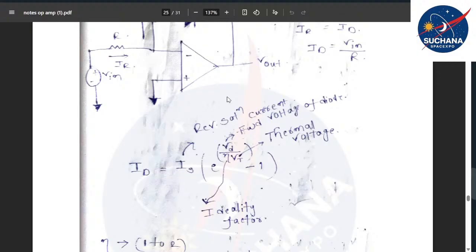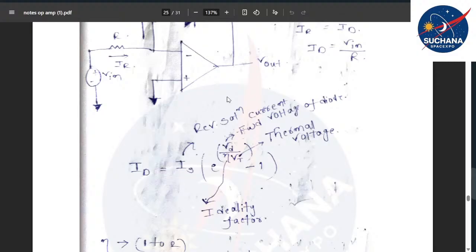Even in logarithmic operational amplifiers there are two categories.